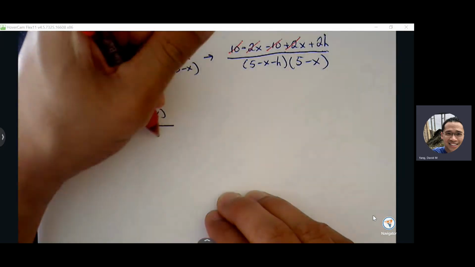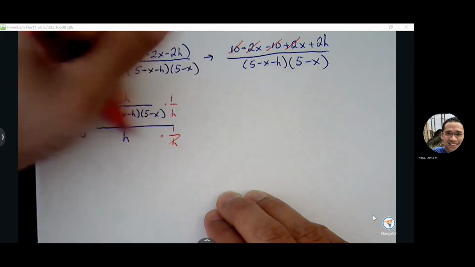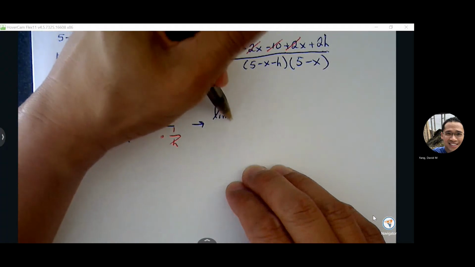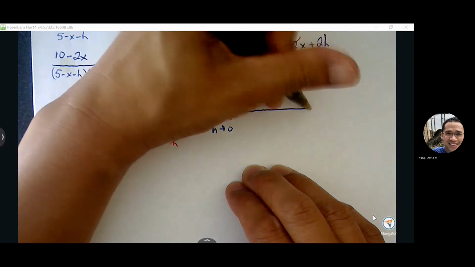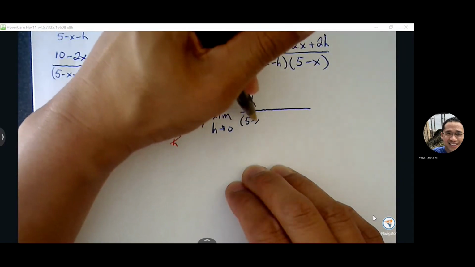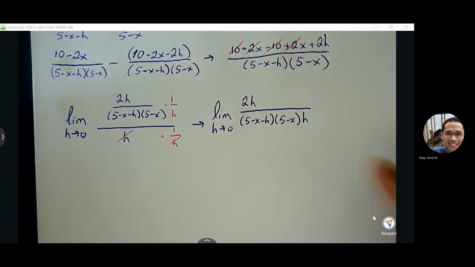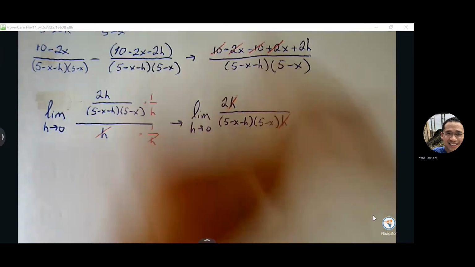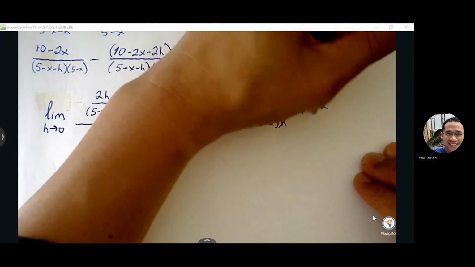I'm going to bring this denominator h up. Multiply by the reciprocal. h pairs up nicely and goes away. Replace the remaining h with 0.